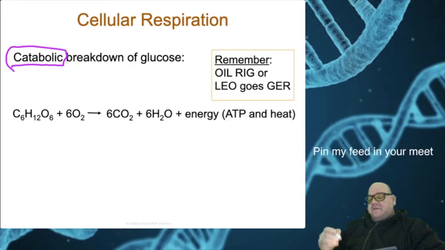What's happening here is we're oxidizing the sugar, so we're adding oxygen to the carbon. The other side, we're going to reduce. So we're going to reduce the oxygen to water.